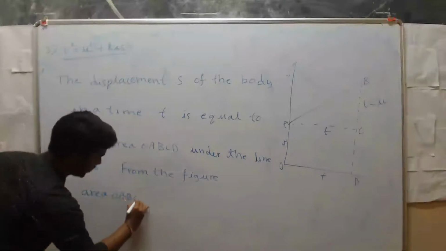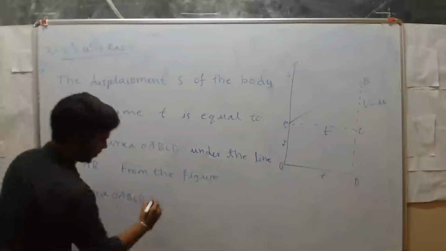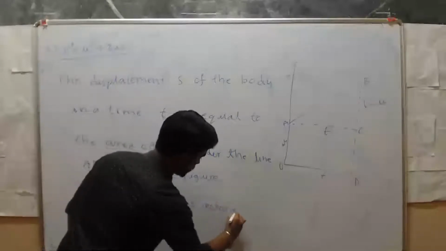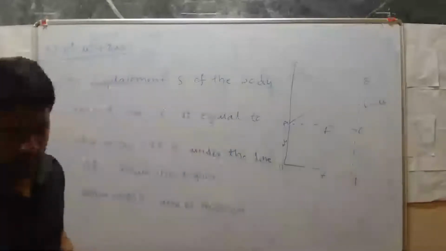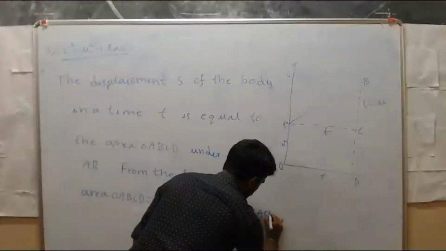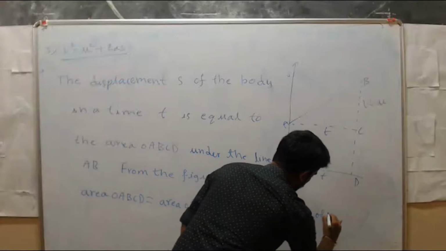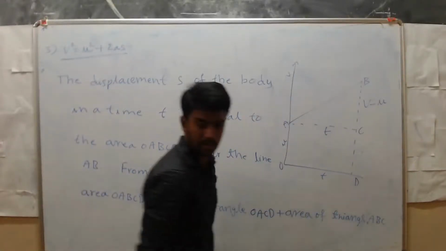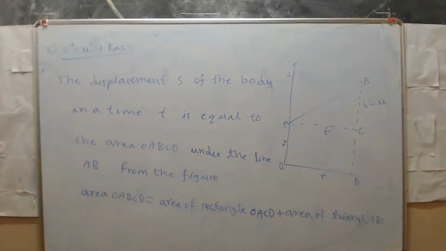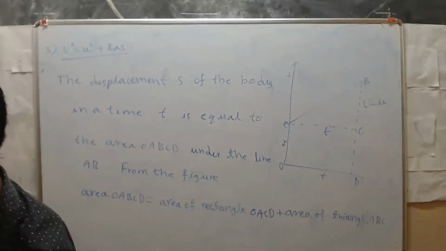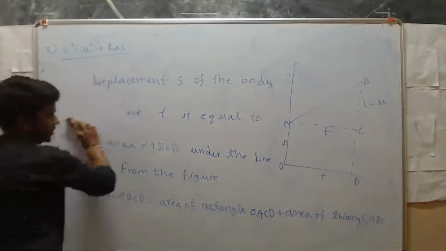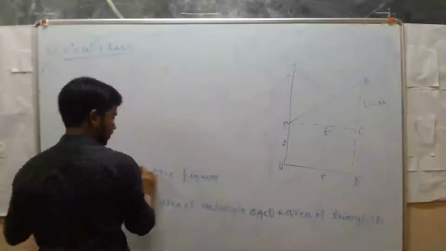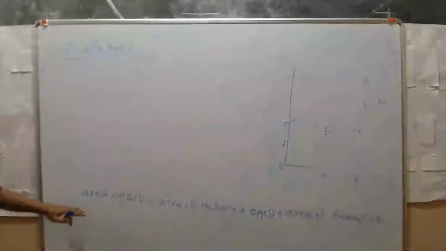Area OABCD equals area of rectangle OACD plus area of triangle ABC. Now this area is equal to what?